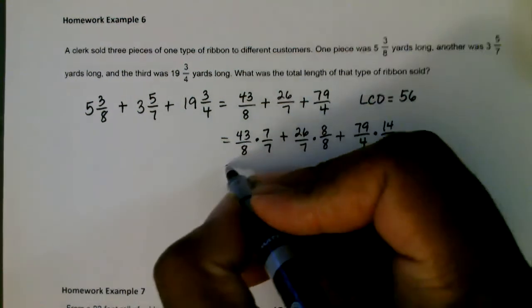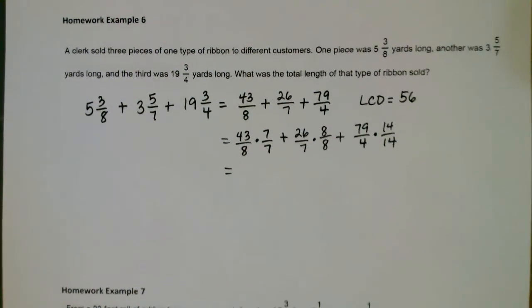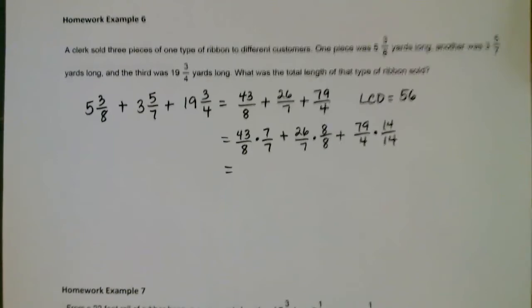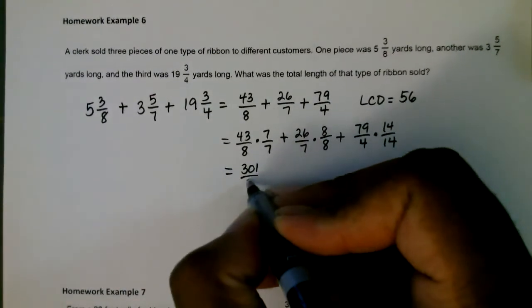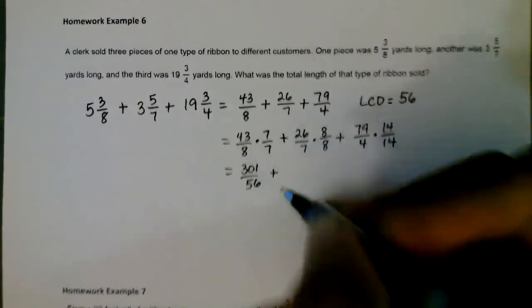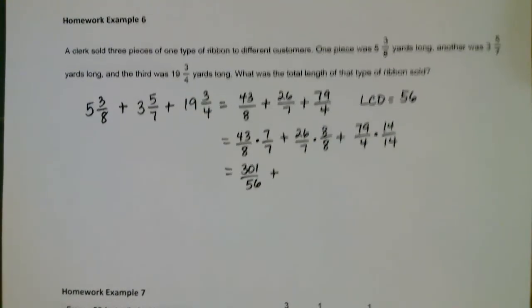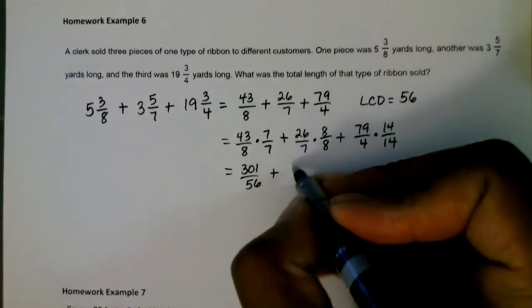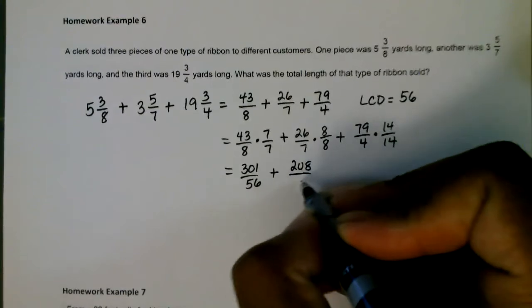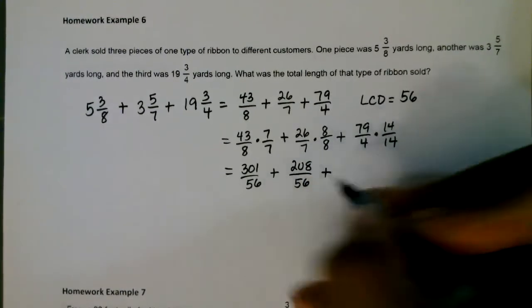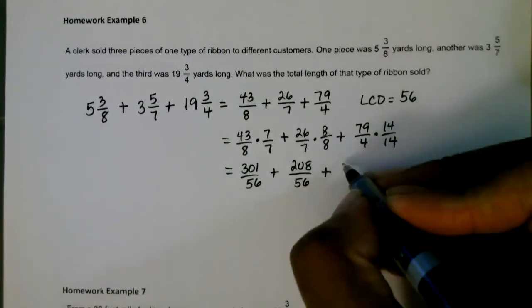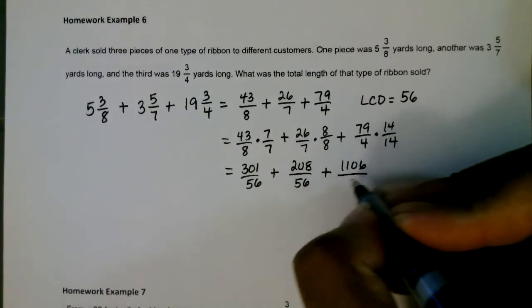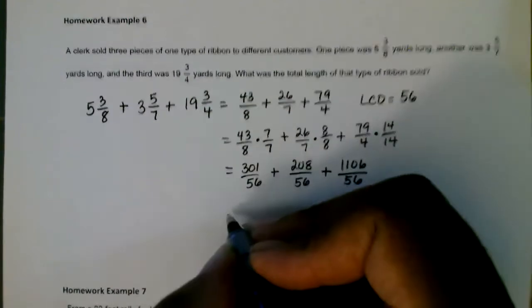Now, 43 times 7 will be 301 over 56. And then 26 times 8 will be 208 over 56. 79 times 14 will be 1,106 over 56.